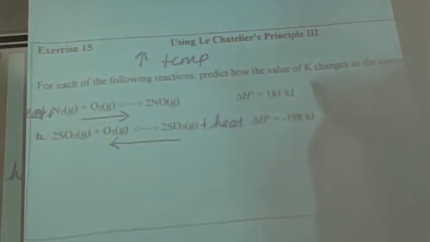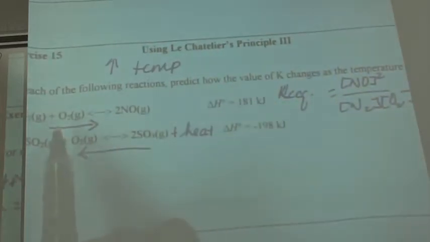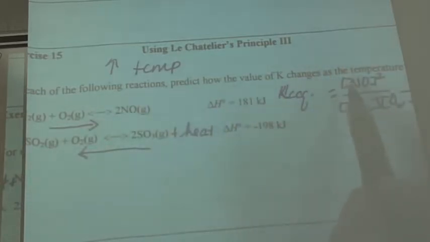The K_eq for the first reaction is the quantity of NO squared over N2O2. And we decided that equilibrium shifted to the right, which means the numerator gets larger while the denominator gets smaller. What happens to K?